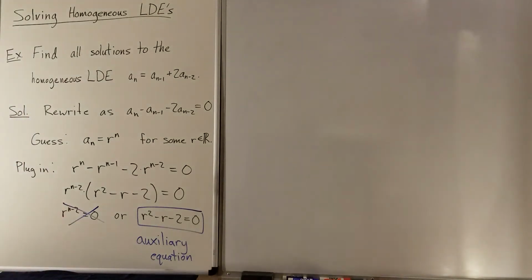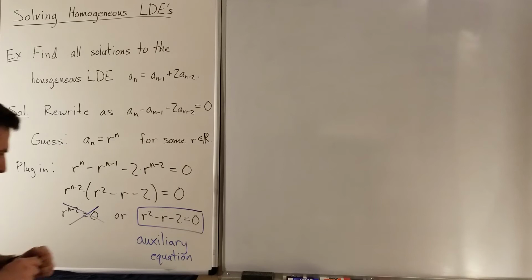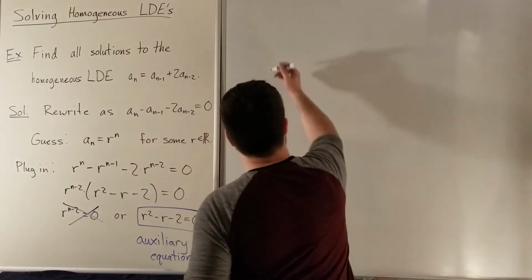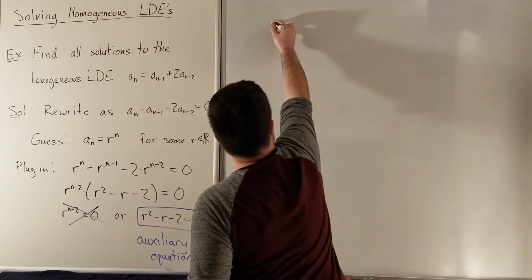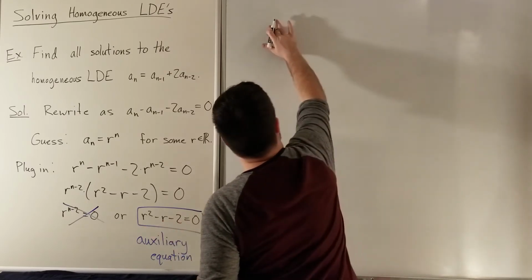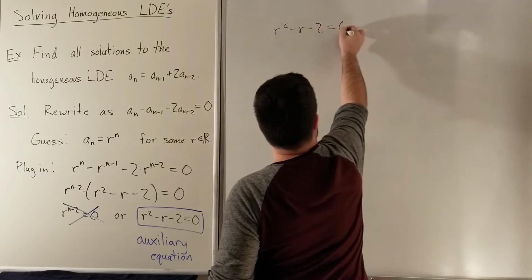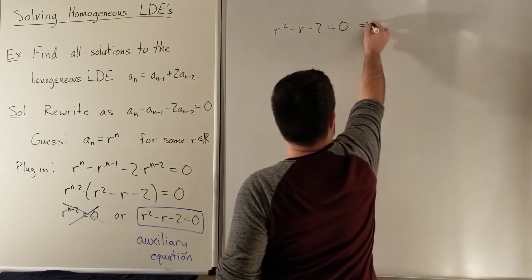Okay, so for right now, we're in the real case, so we can factor this. So let's do that. We get r squared minus r minus 2 equals 0.